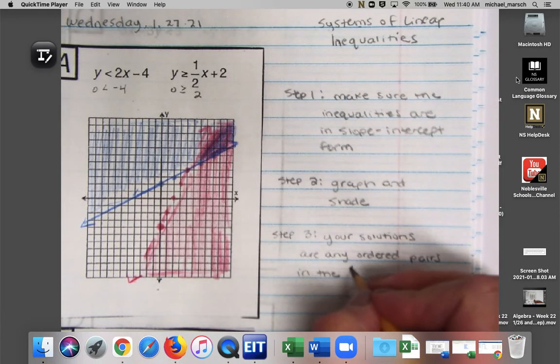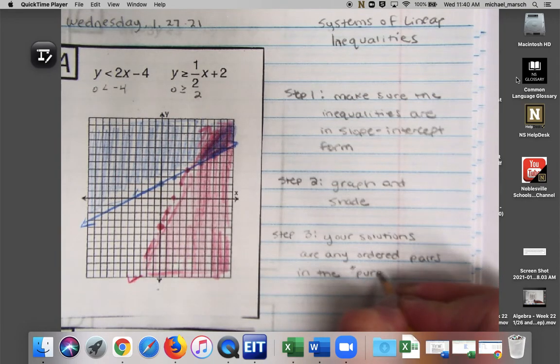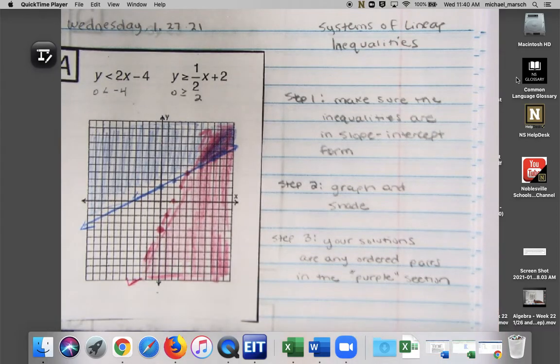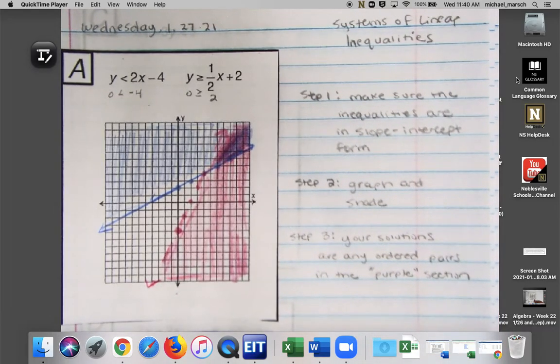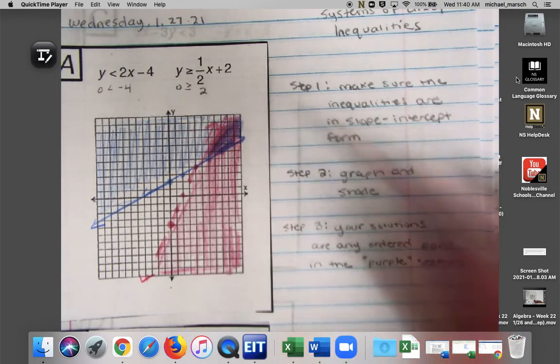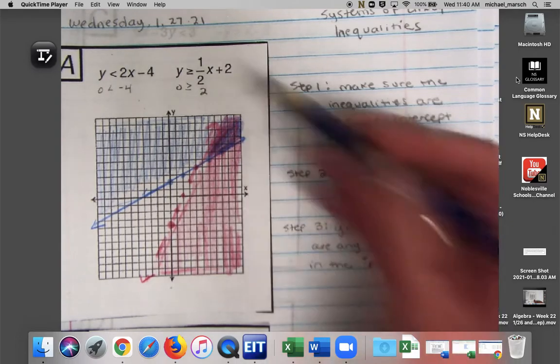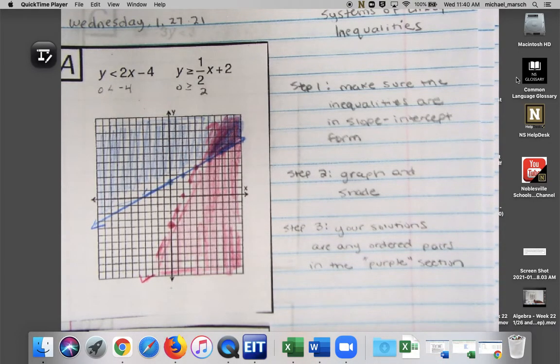We'll actually say purple. So we've got this corner. So right away I can walk around and I can know exactly if you did it correctly or not, because I can look for that top corner to be shaded.